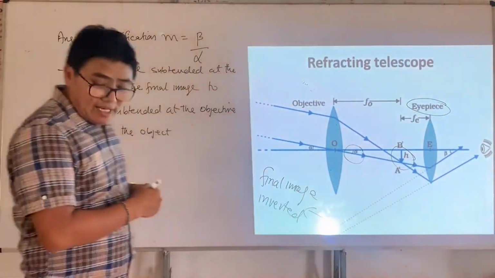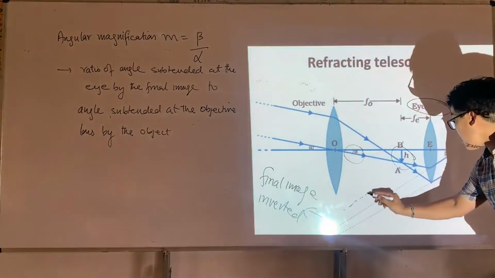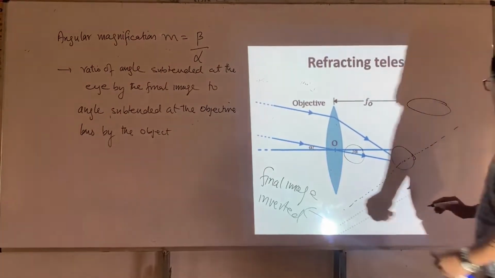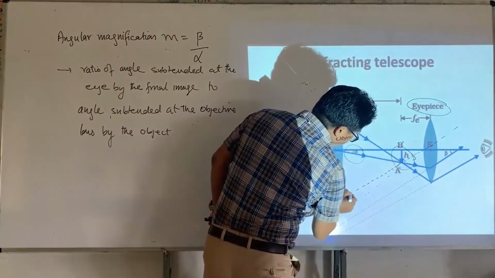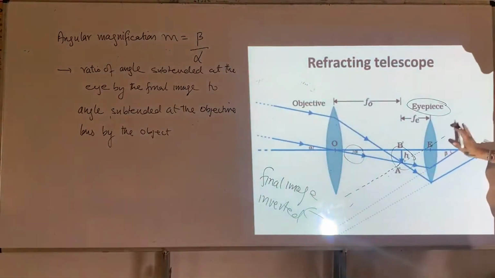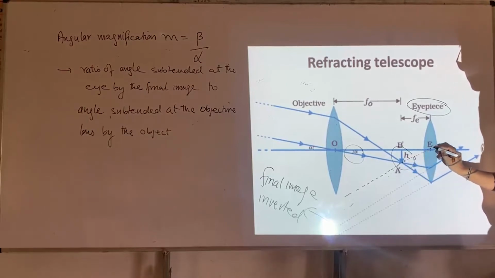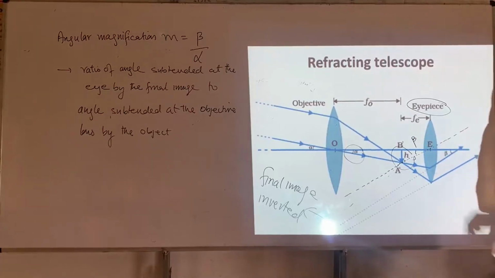So now look here. Again, I would like to write here. I'm going to extend, since this is parallel, I would like to keep something like this. All are parallel, so therefore I'm going to keep this, say, beta, since all are parallel.